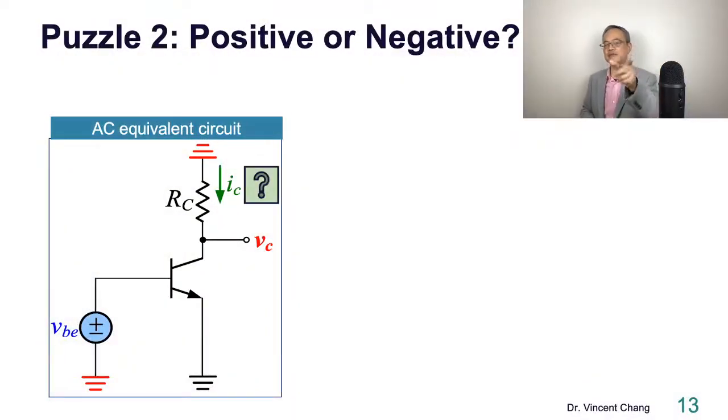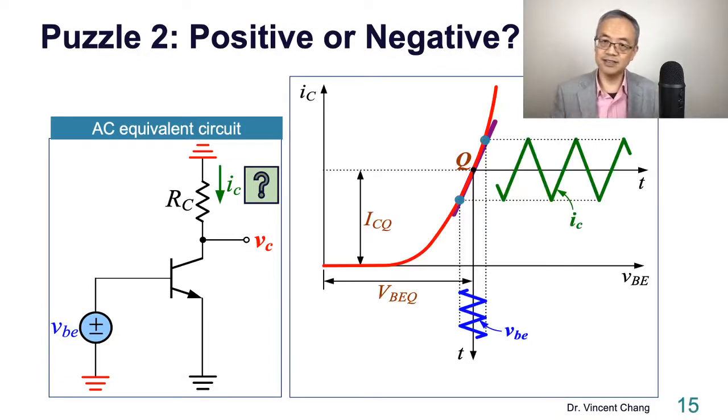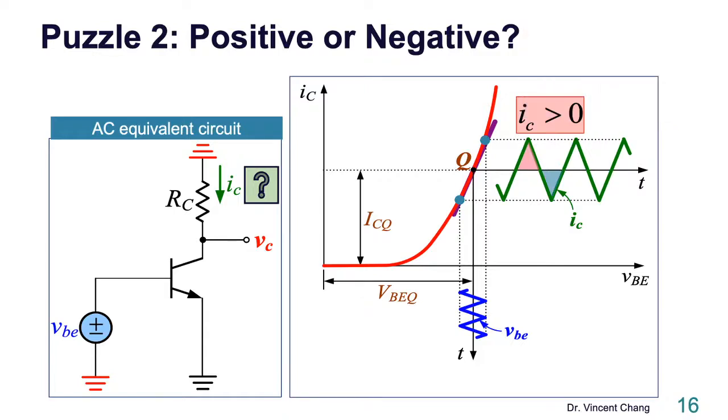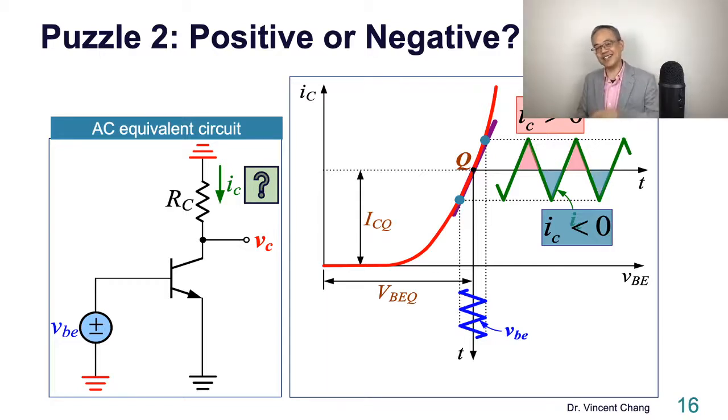This is the AC current, right? For the upper part, it's positive. For the lower part, it's negative. If it's in the pink part, it's positive. If it's in the green part, then it's negative, right?